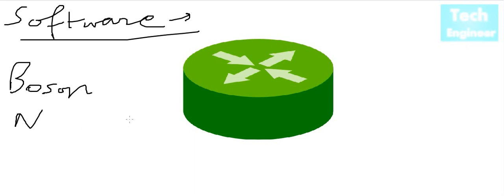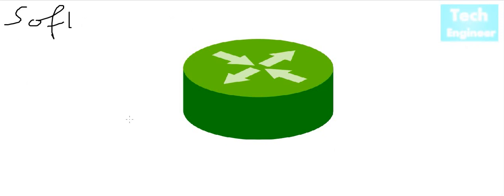We can implement training from Boson, and practice commands in our virtual world. This is where the software is used, and there are a couple of commands which do not work in Cisco Packet Tracer. We will discuss that.